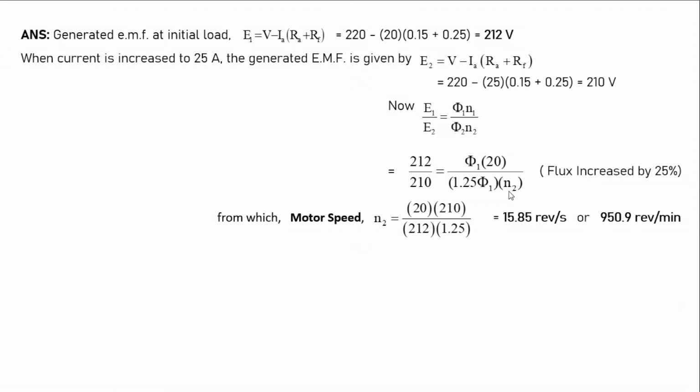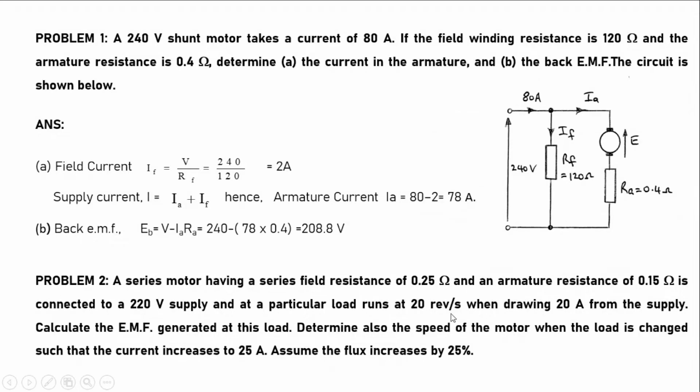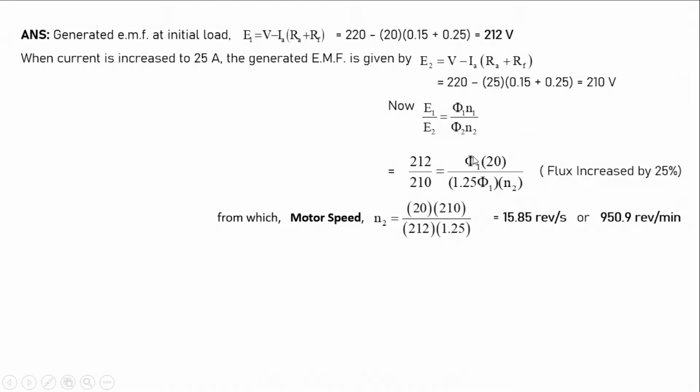N2 is what we need to find out. Everything has been given. Once again, N1 speed is 20 rps, revolutions per second, has been given. You can replace phi2 as 1.25 phi1. Either you can give the value for phi1 or remain as it is.